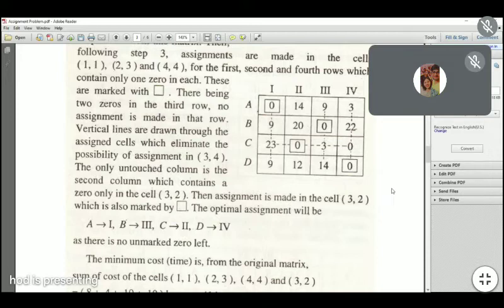So how can I say that it is guaranteed that you will end up with this 1 1 assignment? And you know what guarantees it? Because once we subtract the smallest, the zeros we are getting, we are already eliminating those rows and columns. Yes, what you are saying Srijita is correct, because wherever we get a zero, we cancel the corresponding row and column.